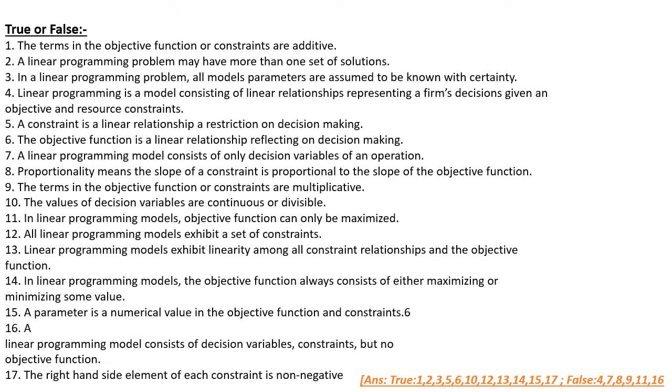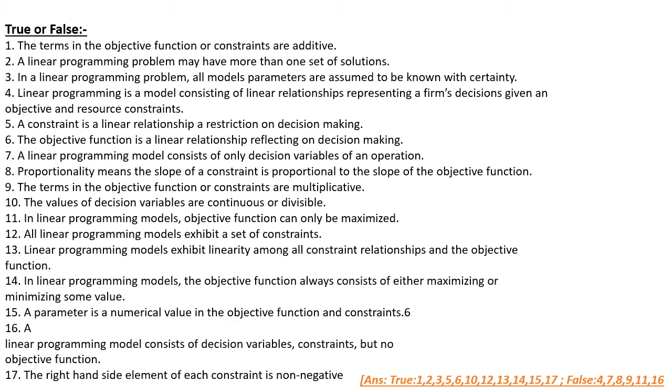Let's see true or false. The term in the objective function or constraint are additive. Correct answer true. The linear programming problem may have more than one set of solution. True. In a linear programming problem, all model parameters are assumed to be known with certainty. Answer true.